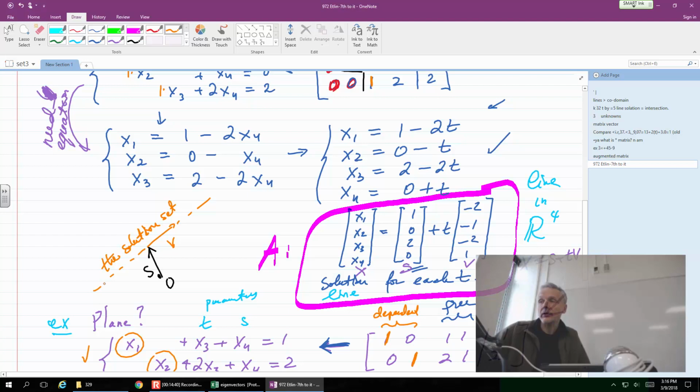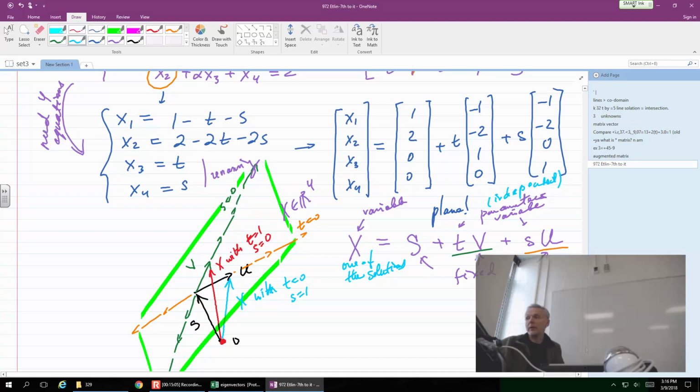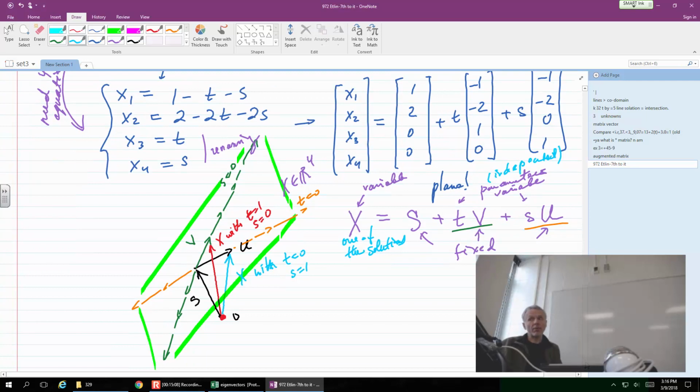The solution set is all the vectors with the endpoint on the straight line. So all of these are solutions. In this case, everything is still happening in four-dimensional space, but the end result is a straight line. It's a one-dimensional space. When you have two parameters, you end up with a bigger picture.